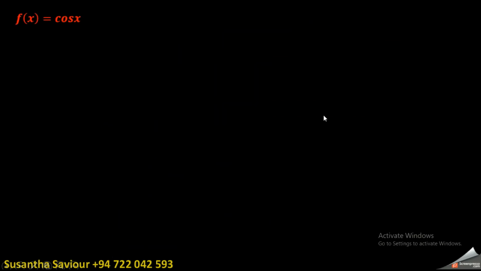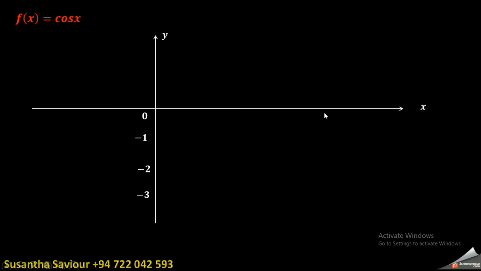This time a trigonometric function, f(x) equals cos x. Cos x is what kind of curve? It is starting from 1 and then goes like this. Now we will look at a few transformations of this.